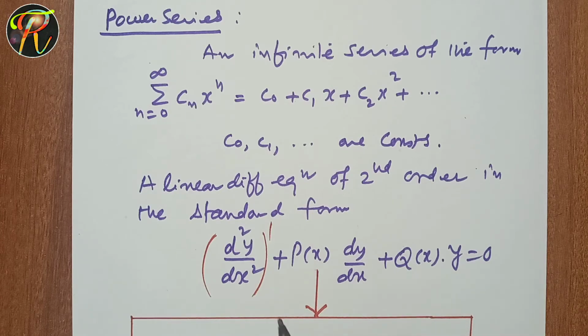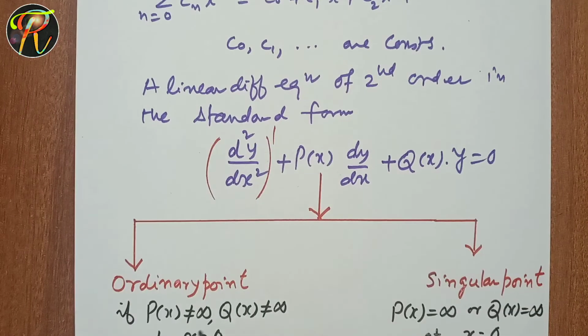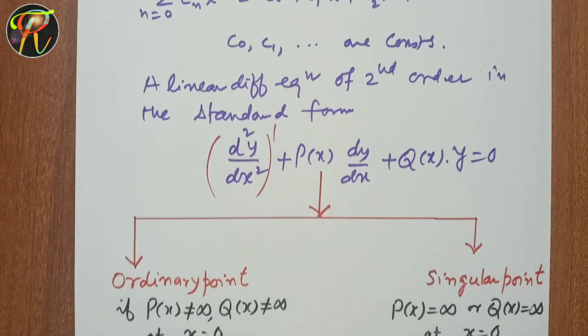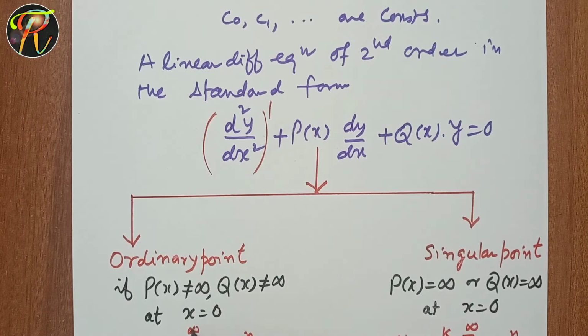First we study the nature of this differential equation, means at the origin, at x equal to 0, what are the values of P and Q. So we divide into two categories. The first category is when P and Q are not infinite at x equal to 0, means P(x) not equal to infinity and Q(x) not equal to infinity at the origin; then the point x equal to 0 is called an ordinary point.